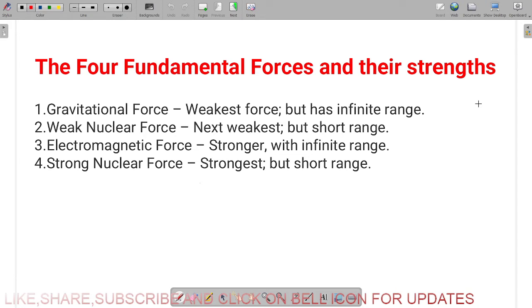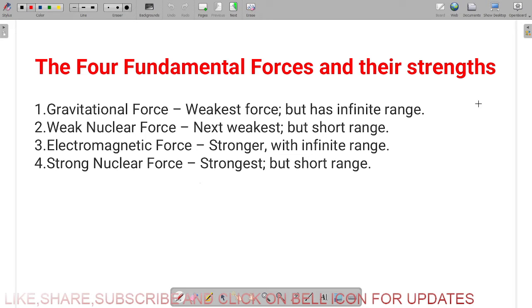Force is nothing but an energy that causes motion in an object. Because of the force, the direction of the object can be changed, and the velocity of the object can be changed.